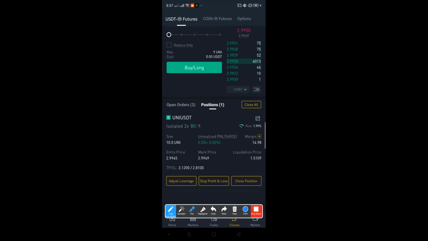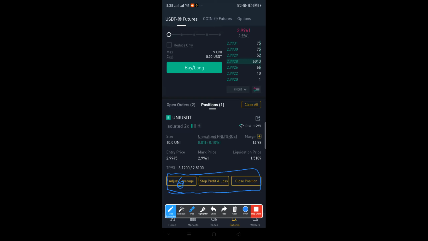So if there is a mistake in the leverage you pick, let's say you want to pick 2x and you mistakenly go and pick 5x or 10x, I will advise you, change it. How do you do that? Look at the 3 yellow boxes under. These 3 yellow boxes you have under here.